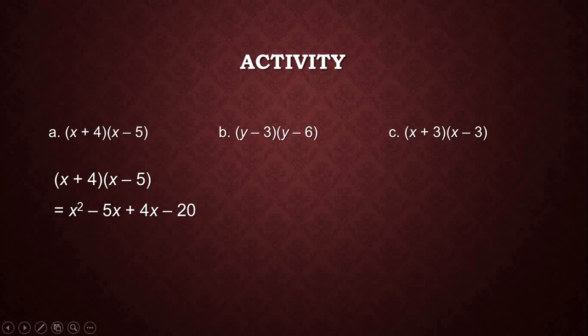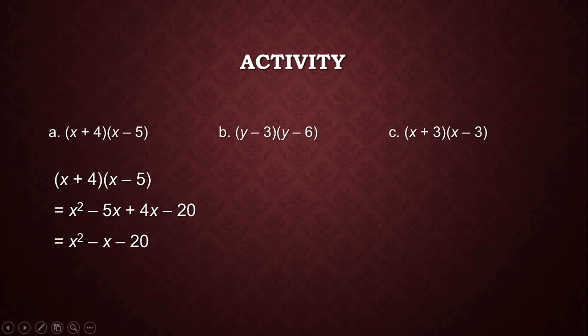A positive 4 multiplied by an x is a positive 4x. Then a 4 with a negative 5 gives a negative 20. The answer you should have is x squared minus x minus 20. If you are not correct, please be true to yourself and do the corrections.